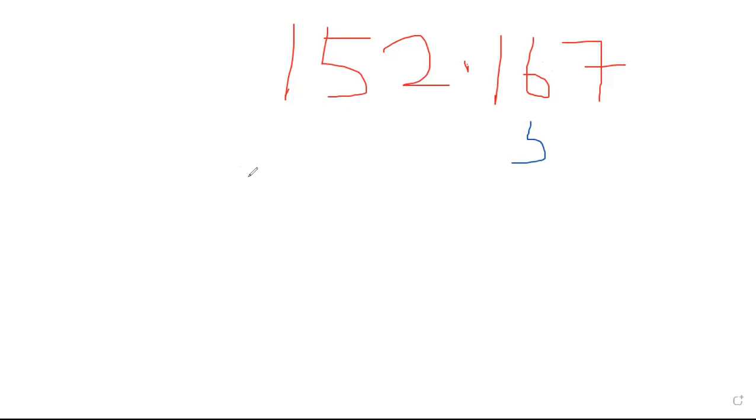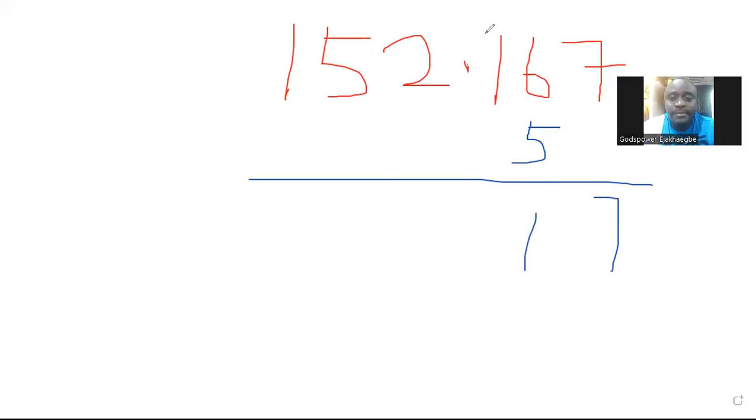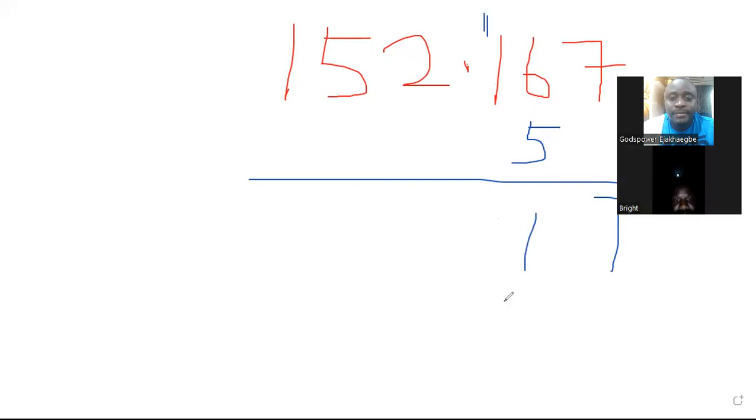If I put 5 there, that's 7. 6 plus 5 is 11. I put 1 there, and this is 2. Then this 2 comes here, this is 5, and this is 1.